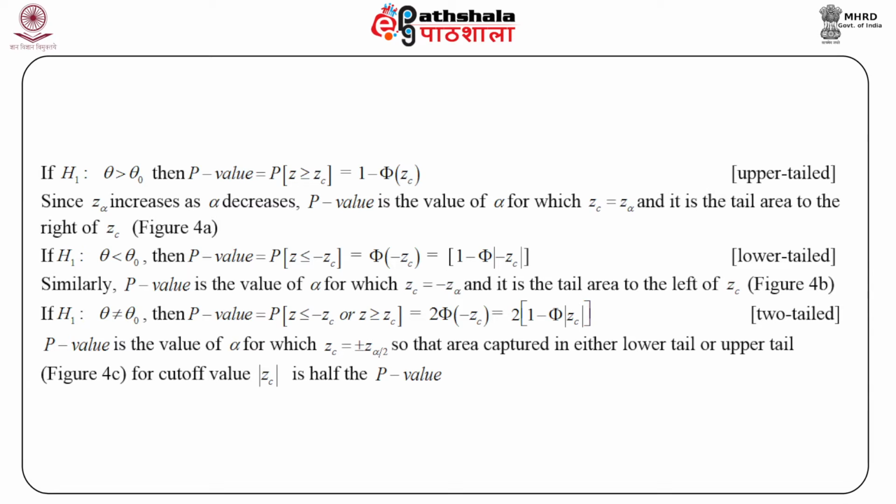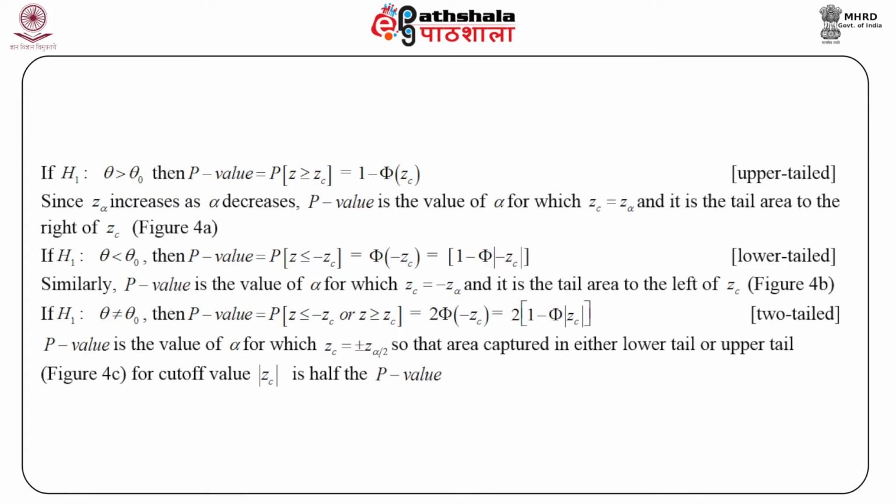Now, if H1 is theta less than theta 0, then the p-value could be written as P(Z less than or equal to ZC), which would be equal to phi of ZC, which is again equal to 1 minus phi of modulus minus ZC, which is a lower tailed value. Similarly, the p-value is the value of alpha for which ZC is equal to minus Z alpha, and it is the tail area to the left of ZC, which is figure 4b.